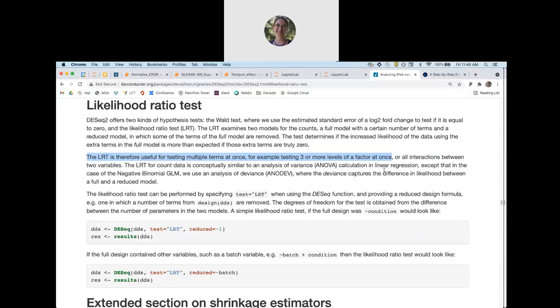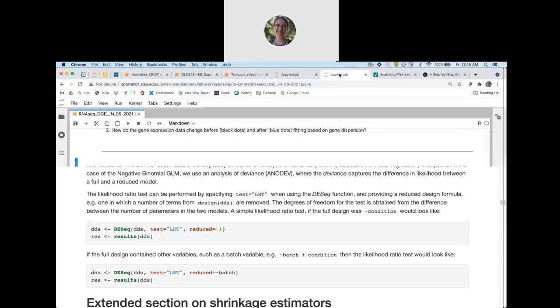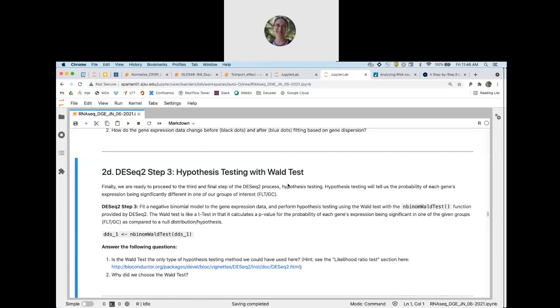In a situation where we would have multiple conditions, for example, flight, ground control, maybe drug treatment, non-drug treatment, we would use something like the likelihood ratio test, which will compare all of our different levels of factors.